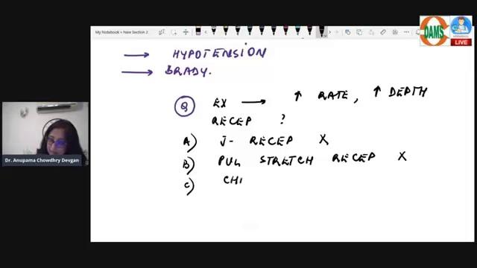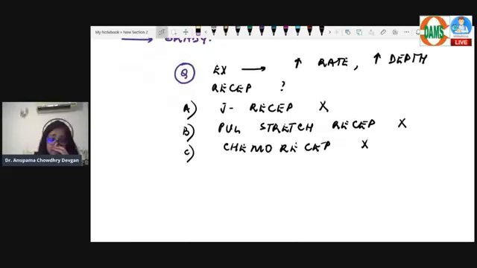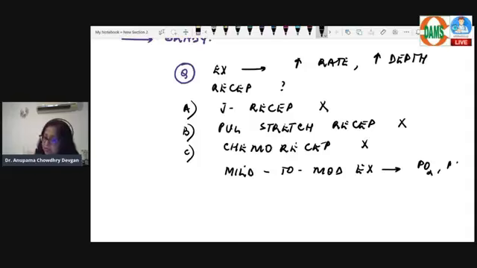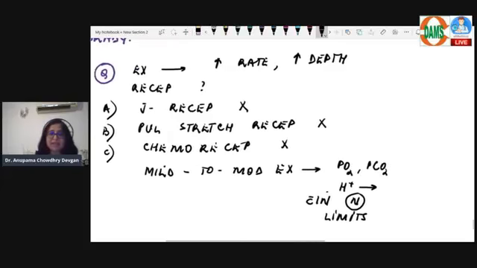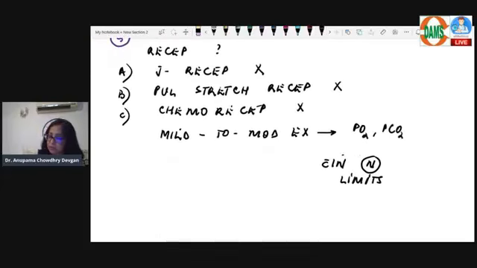C, is it going to be chemoreceptors? Again, it is not going to be chemoreceptors. Please remember, in mild to moderate exercise, PO2, PCO2, and H plus levels are all within normal limits.